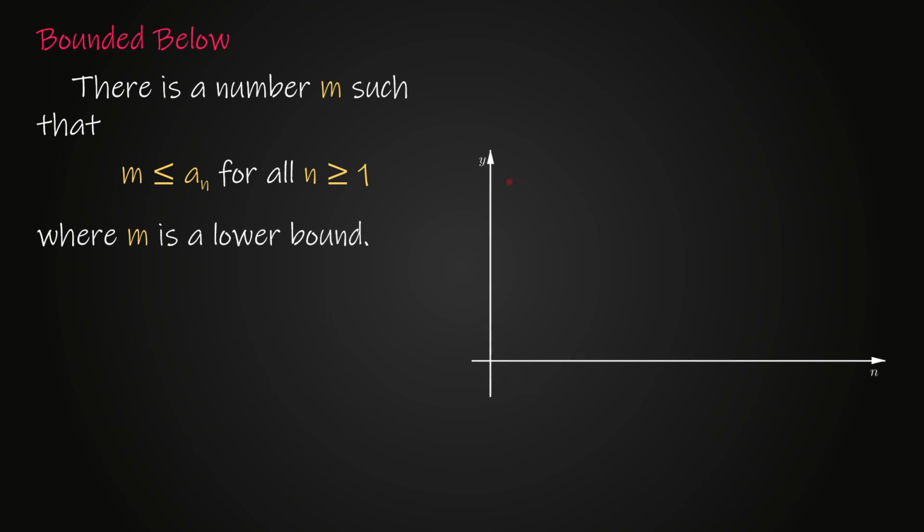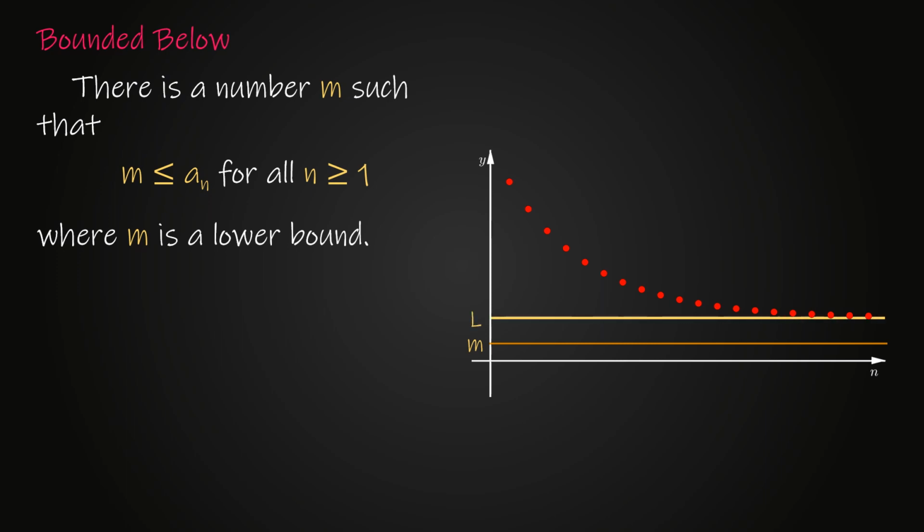This monotonic sequence is bounded below by a lower bound m. Although its limit L is not necessarily equal to m, as the limit L may be greater than or equal to a lower bound m. This sequence is also bounded below by m, although it is not monotonic.